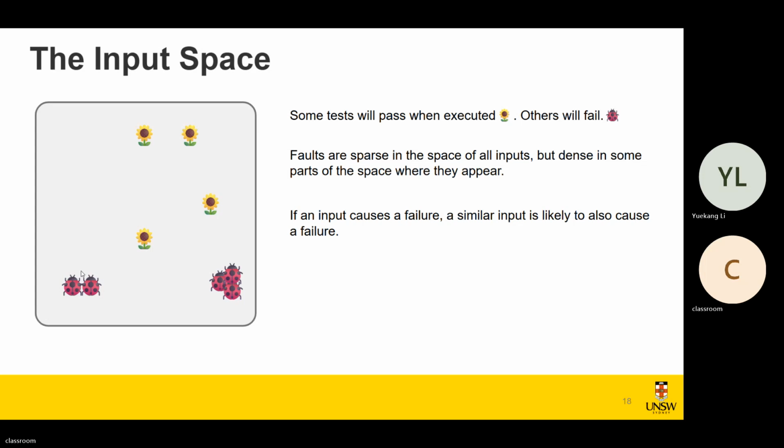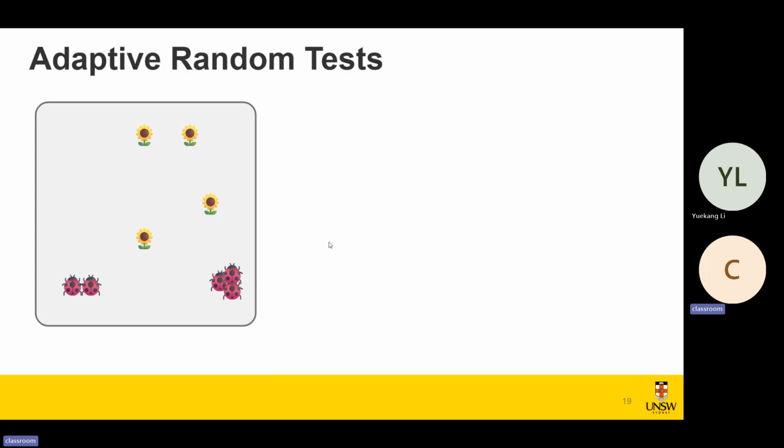So this is because they are very close to each other, right? It's very likely that they trigger the same fault. So these are some observations here, and we can have our assumptions and heuristics based on this observation. So what we want here is, rather than choosing tests completely randomly, we favor input diversity.